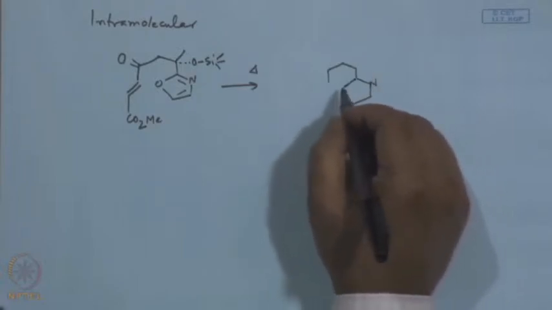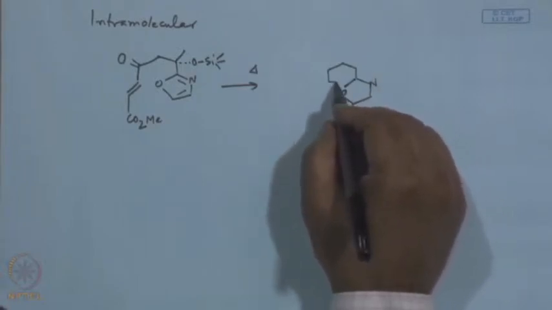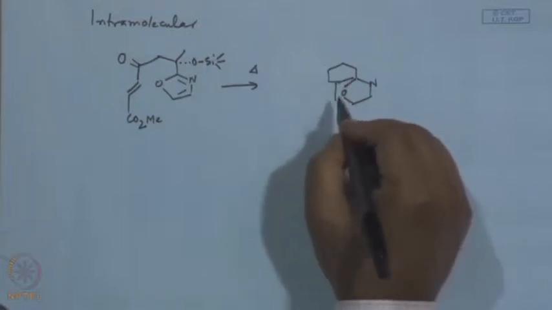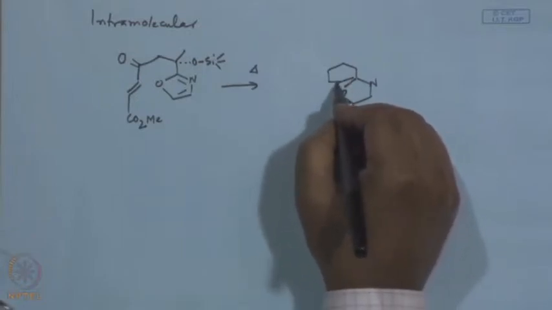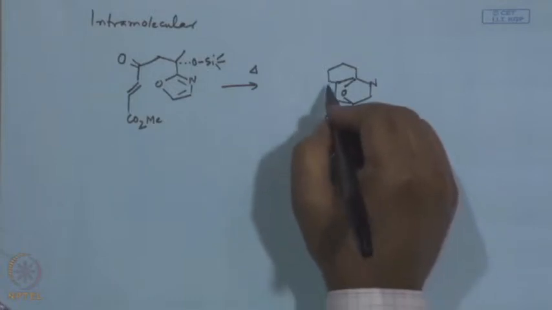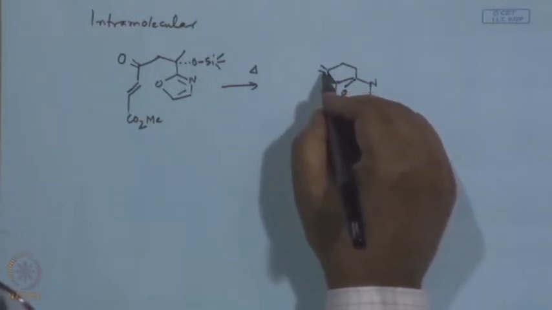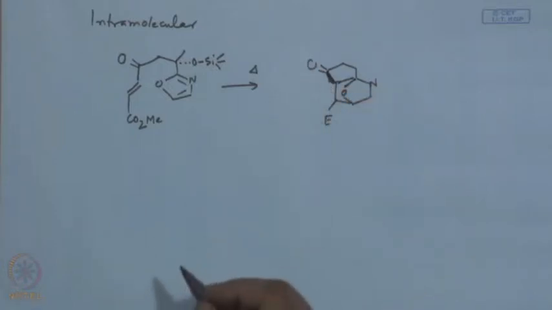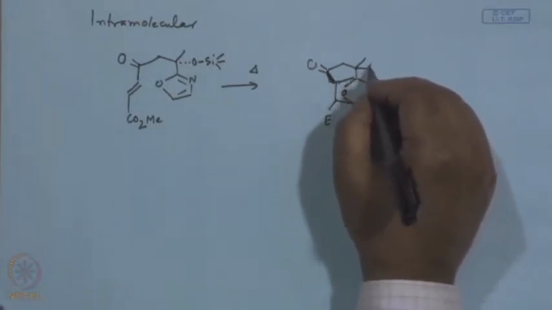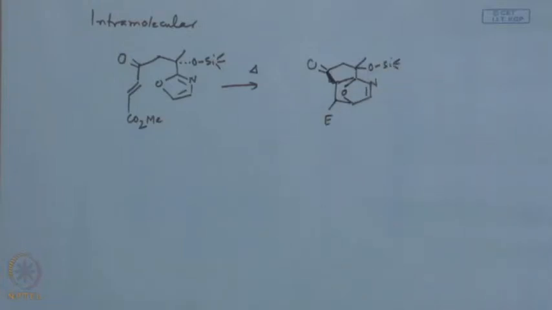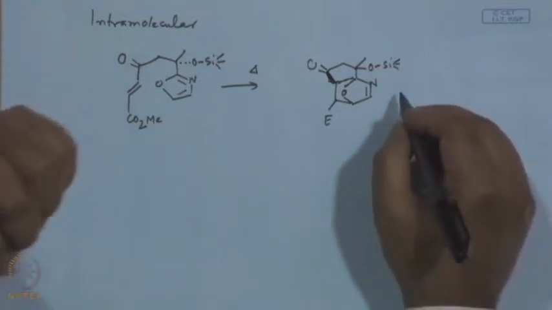You can put the double bond here, and this is an ester, and alpha to this is a ketone. Then you have this oxygen, and this is a silyl group, and the double bond will be up here. What next? What next?